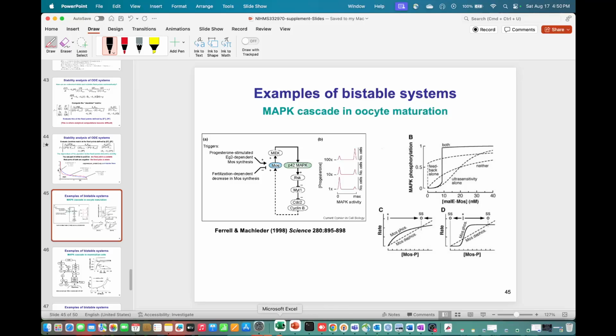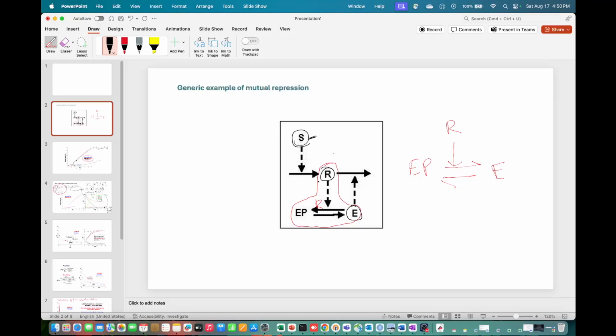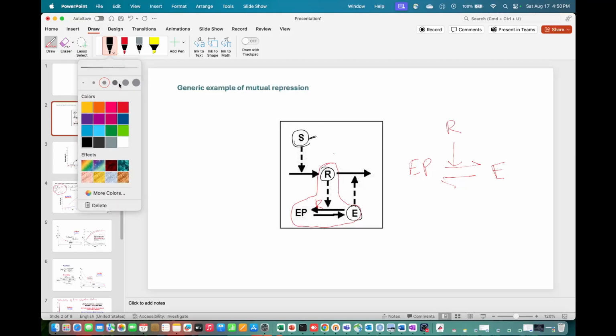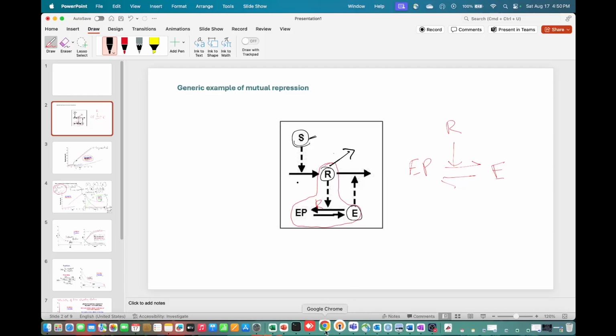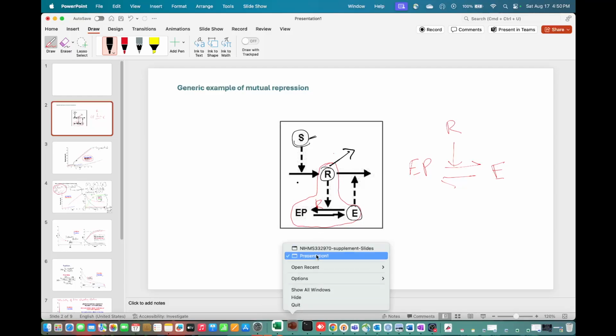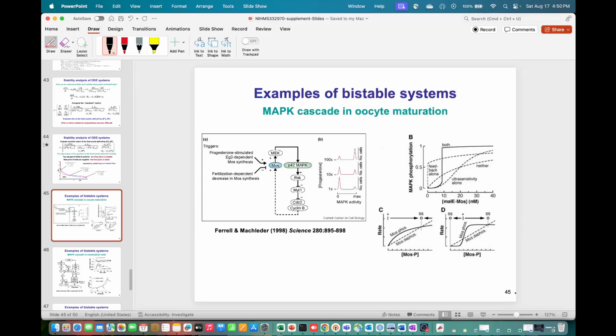So if you try to think of the analogy from this, here also you are producing something which in itself is helping you degrade something, right? So this is a mutual repression, and this is also a mutual repression.